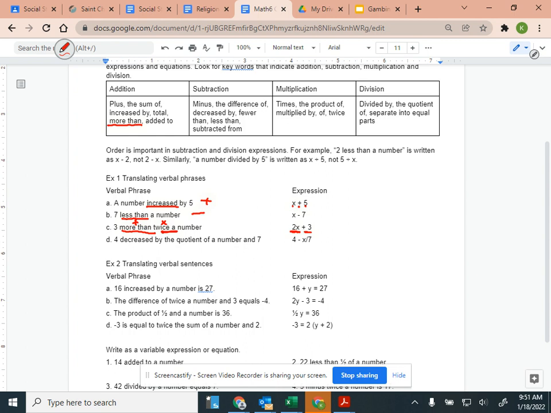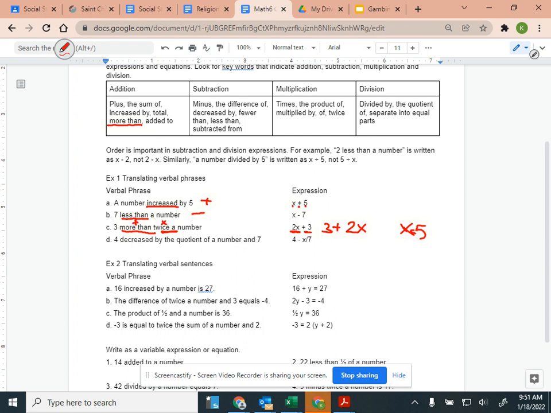Would it be okay if we said 3 more than twice a number? Would that get us the same answer? So plug in a number for x and see if you get the same answer. If we said x equals 5, are we going to get the same answer if we say 2x plus 3 or 3 plus 2x?